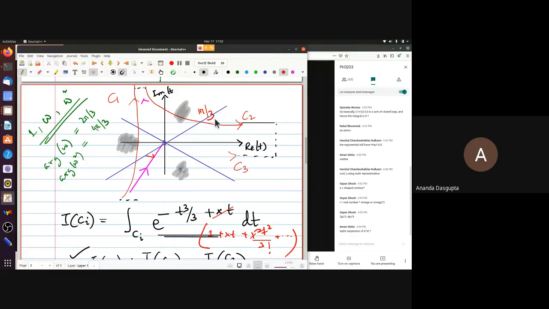Let me just forget about C2 and C3 for the time being, because I'm only going to talk about the Ai function. The other, the Bi, can also be handled in exactly the same manner. So what I need is this kind of contour.